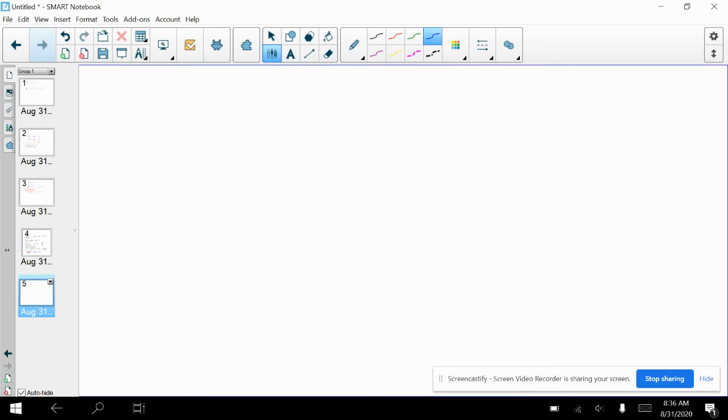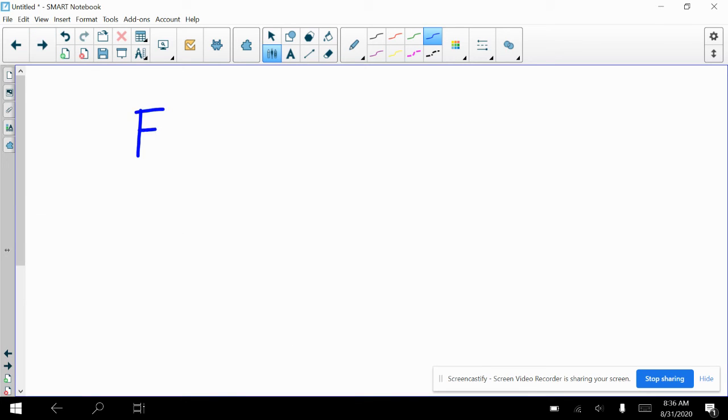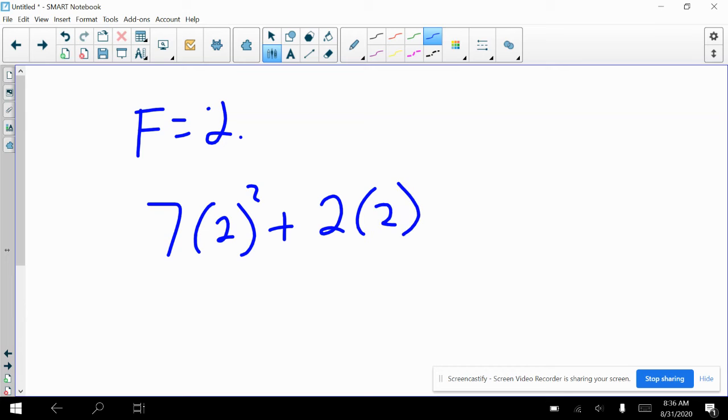Let's talk about that. Let's say f is equal to 2. Let's make this simple, right? So we have 7, 2 squared plus 2f plus 6. You plug it in. Now, we haven't even talked about this, but what do you got to do next?